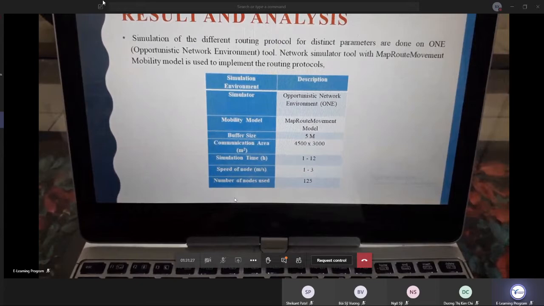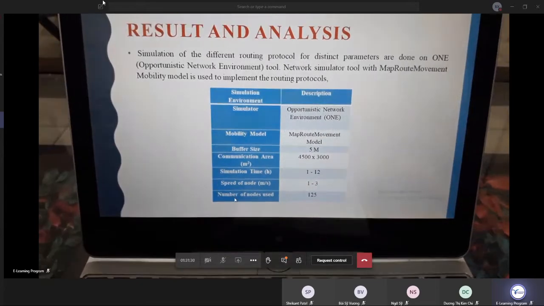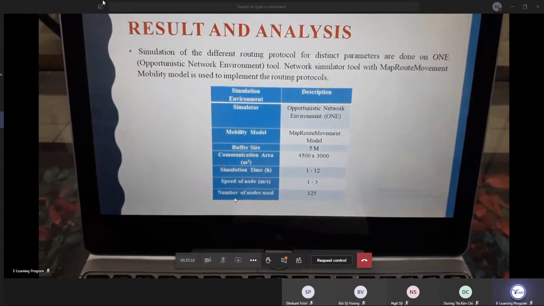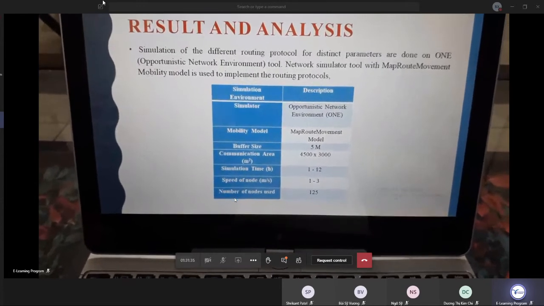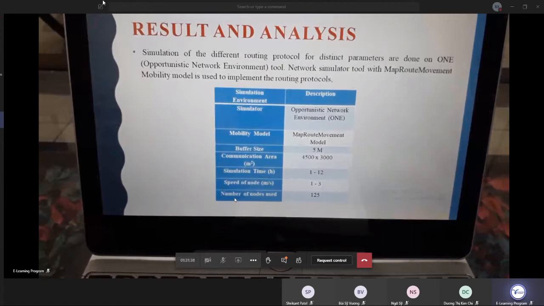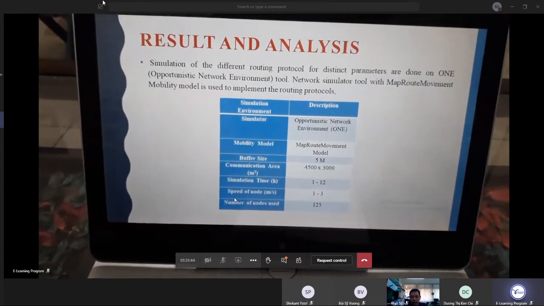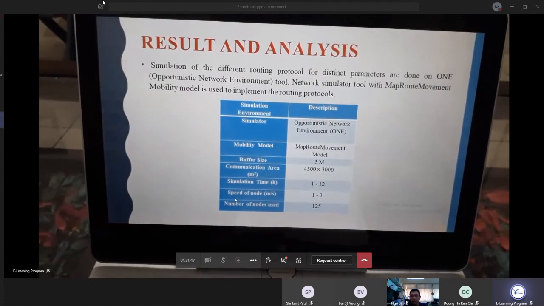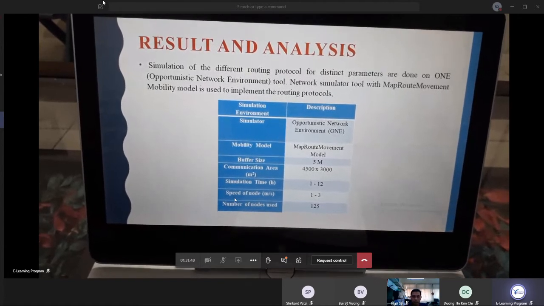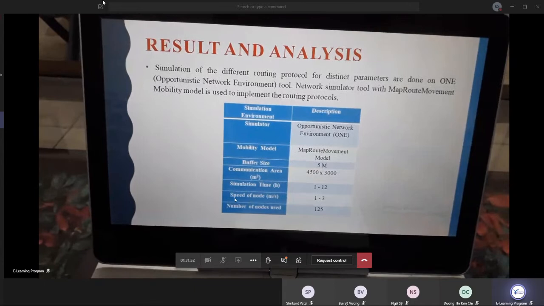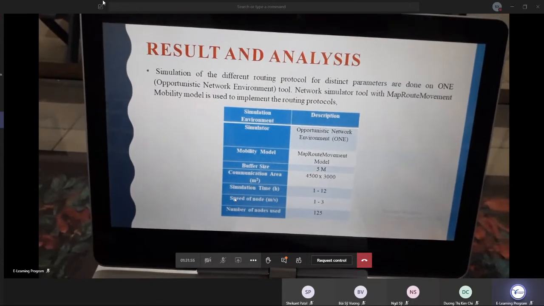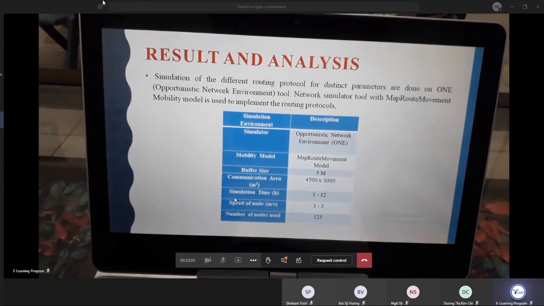The mobility model is the map route movement model, with a 5 megabyte buffer size, a 4500 by 3000 meter square communication area, 1 to 12 hours as simulation time, 1 to 3 meters per second speed of nodes, and 125 nodes used while simulating these routing protocols.